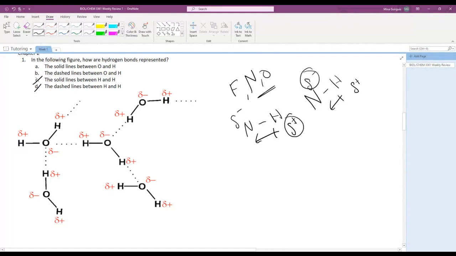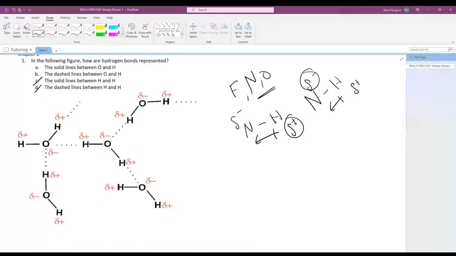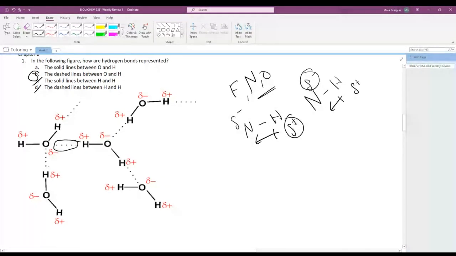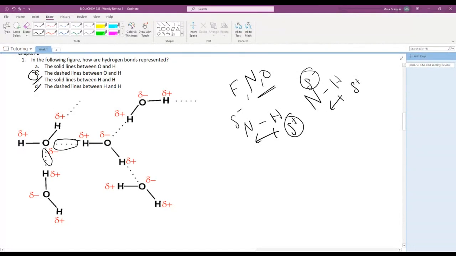So it comes down to A and B. Are we talking about solid lines or dashed lines? In other words, are we talking about full covalent bonds, or intermolecular bonds? Dashed, you're exactly right. As an example, this is a hydrogen bond, this is a hydrogen bond, and so on and so forth.